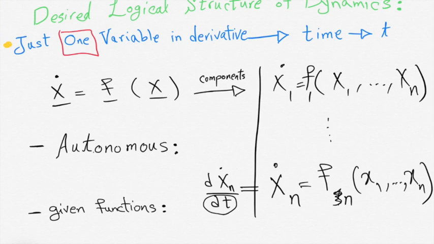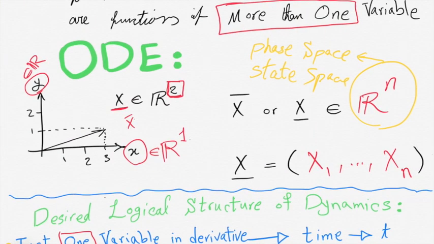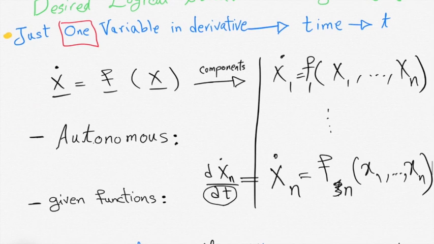In an autonomous system, later we are going to draw, in that phase space Rn, something like x dot with respect to x as our phase space.